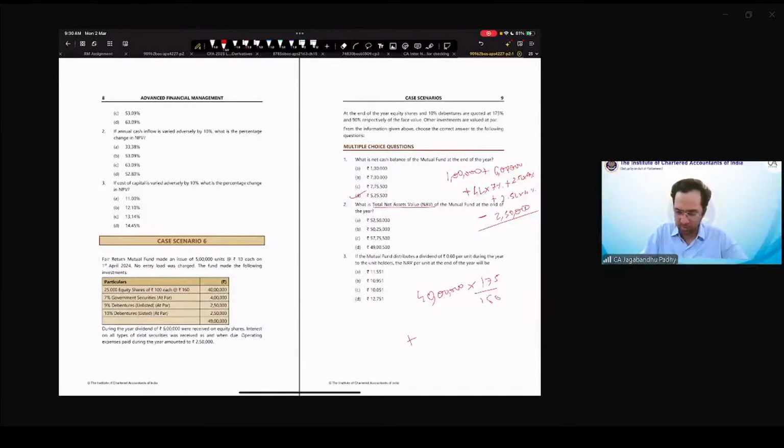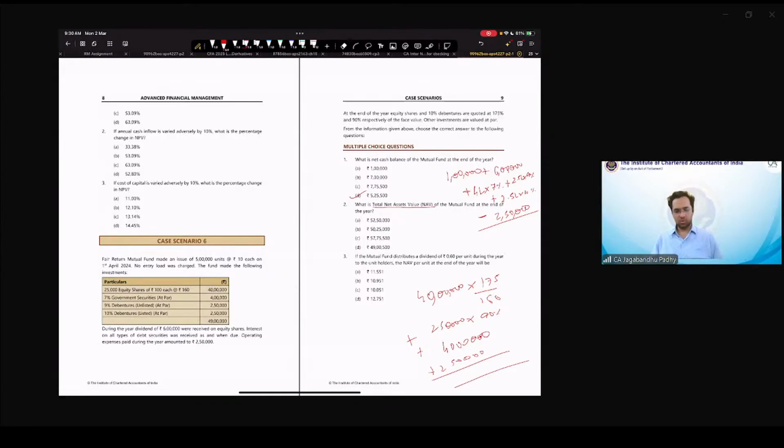This is the value of equity shares, plus 10% debentures at 90% of face value, so 2 lakh 50,000 into 90%, plus the other things at par, plus 4 lakh plus 2 lakh 50,000.